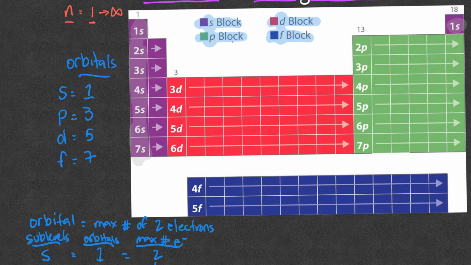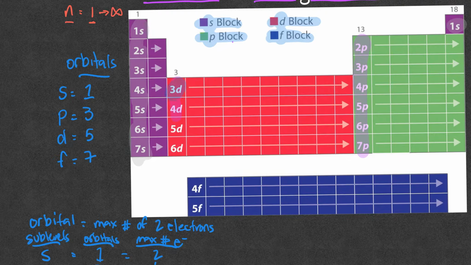For sublevel P, it is first introduced in the second energy level. Let me highlight this a little bit more. Second energy level, and then it goes on from there. So S starts in the first, P starts in the second, D actually starts in the third.